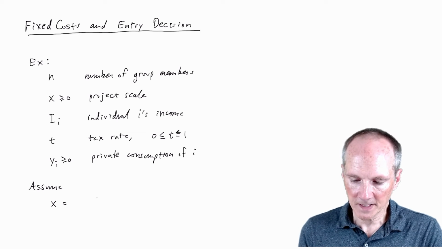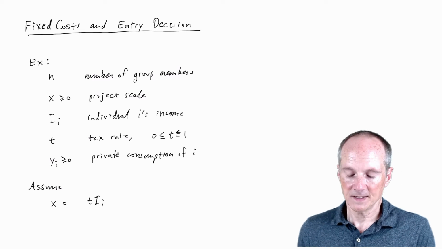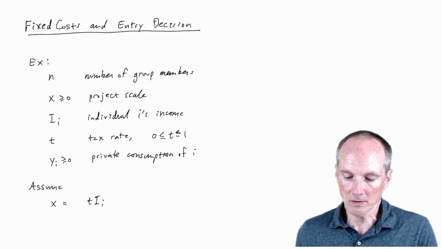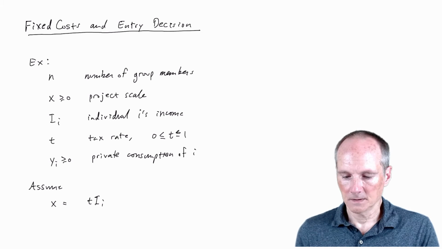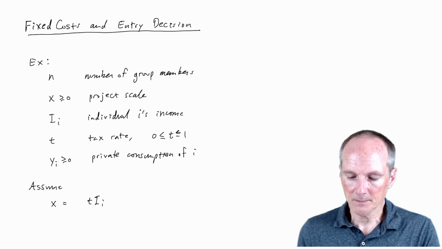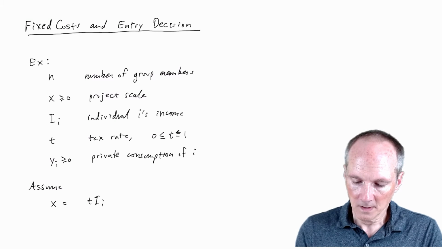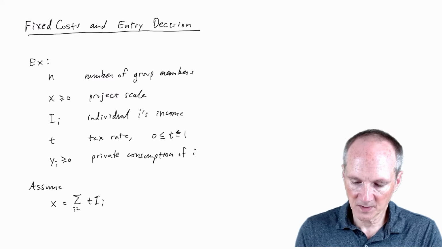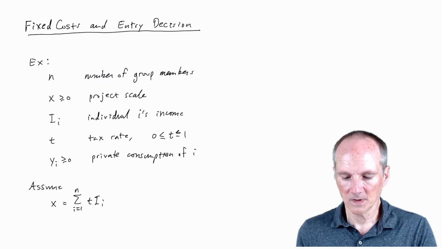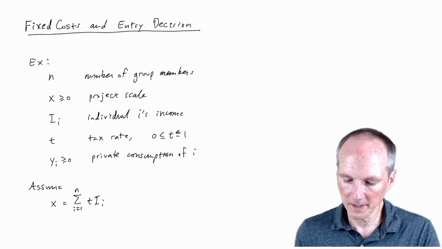So if you're individual i with income I_i, and the tax rate is T, that means that you're contributing T times your income toward this project. And each person's doing that. So the total contributed to the project is just the sum of those across the n members of this group.